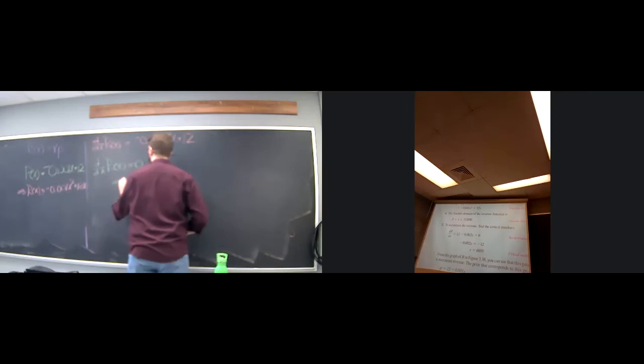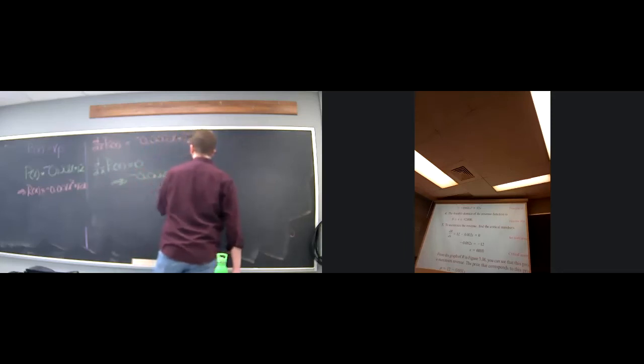d/dx R of x is equal to negative 0.002x plus 12. Setting this thing equal to 0, it's going to tell us that negative 0.002x plus 12 is equal to 0.